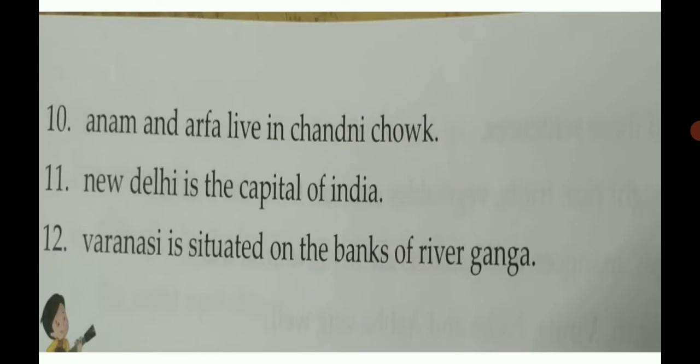Let's move on. The next sentence is: Anam and Arfa live in Chandni Chowk. So Anam and Arfa are proper nouns and Chandni Chowk is the name of a particular place. So both C of Chandni and Chowk will be in capital form. First of all we will put a circle on it and then we'll change.